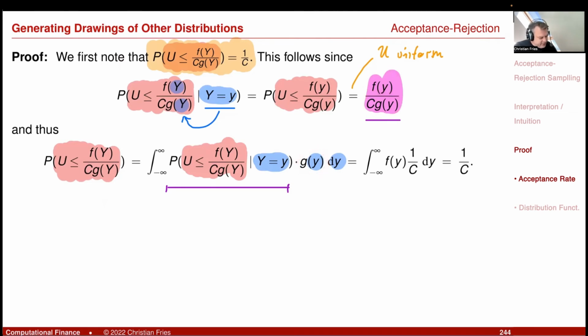You see that the density g cancels. You just integrate the density f multiplied with 1 divided by c. Integrating the density f over the whole domain gives 1. So this is just our claim, 1 divided by c. That's already a nice interpretation: the probability to accept the point is 1 divided by c.